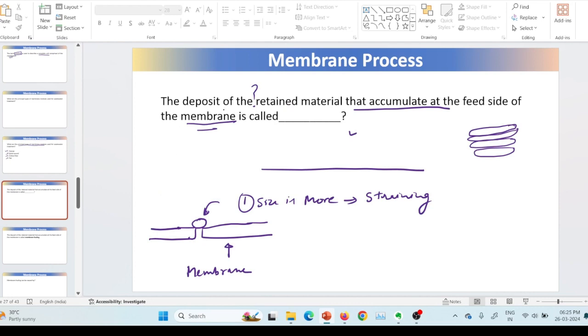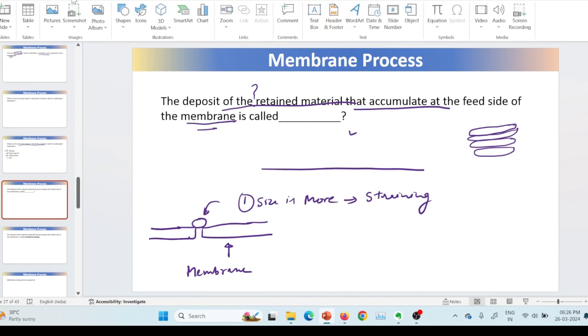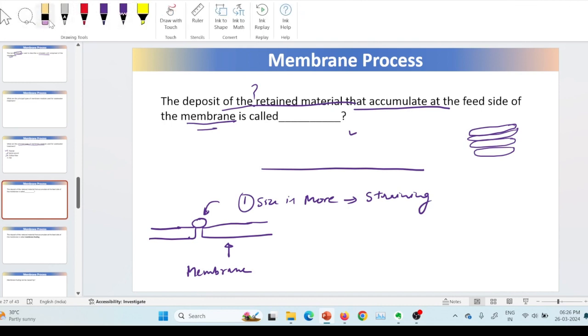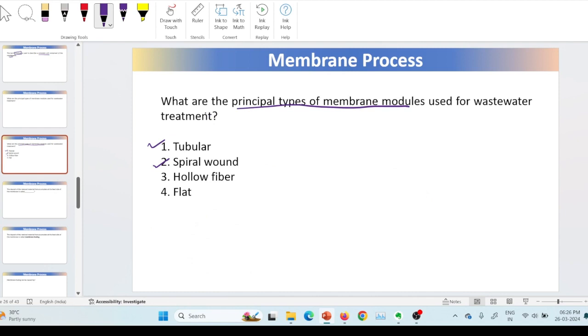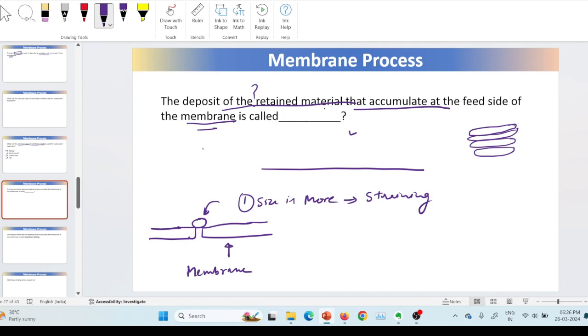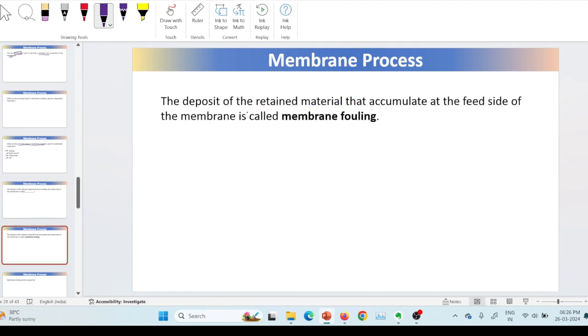Next question: the deposit of retained material that accumulates at the feed side of a membrane is called membrane fouling.